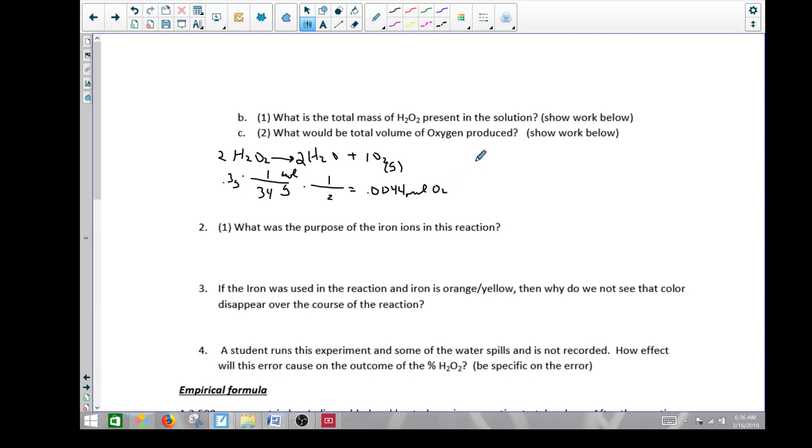It does say it's STP previously, so I'm going to use this calculation. 1 mole is 22.4 liters. So times 22.4 equals 0.0988 liters.